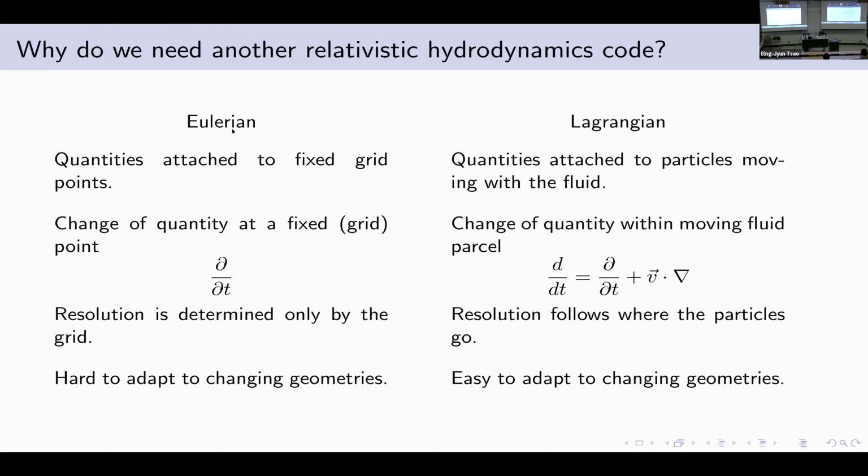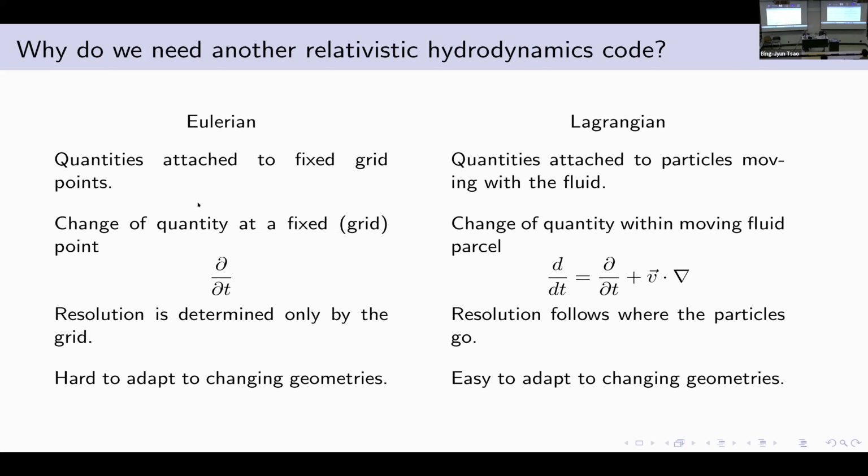So in order to emphasize this, I have written down a little bit of information about Eulerian versus Lagrangian codes. In Eulerian codes, the quantities are attached to fixed grid points, whereas in Lagrangian codes, the quantities are attached to particles that are moving with the fluid.